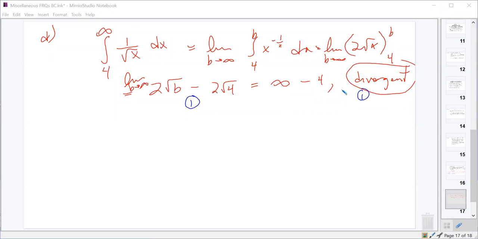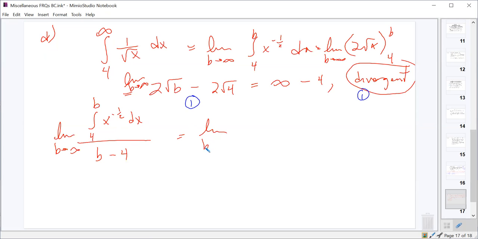And then for the second part, where it asks us to show this average value, it should be the same basic setup. It should be the limit as b approaches infinity of the integral from 4 to b of x to the negative 1/2 dx all over b minus 4. We already found that the integral from 4 to b of x to the negative 1/2 became 2 root b minus 4, so this is 2 root b minus 4 over b minus 4.